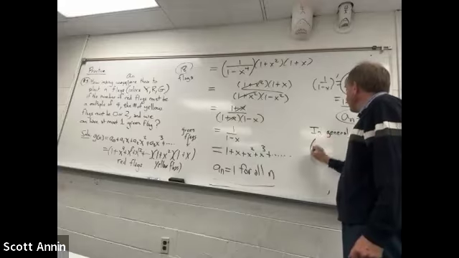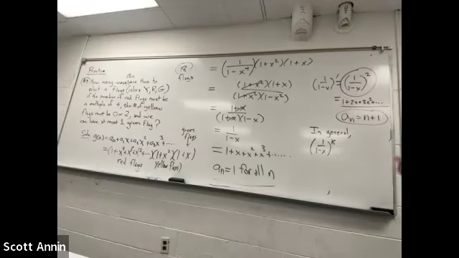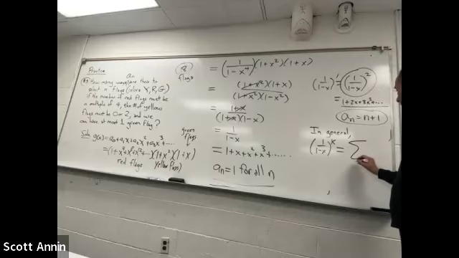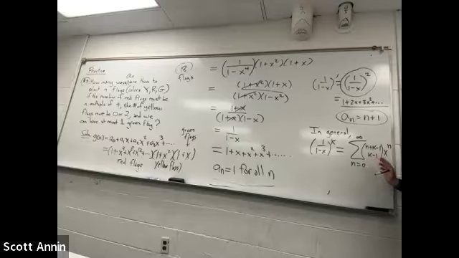But in general, if we take 1 over 1 minus x and raise it to the kth power, this turns into a series, n going from 0 to infinity, of (n plus k minus 1 choose k minus 1) times x to the n. Do you remember the stars and bars coefficients showing up here?